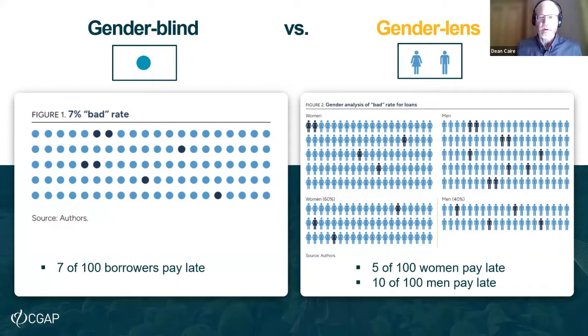And as these new 100 applicants come in, you don't know which 7 that will be. You just know on average 7 people who meet your criteria out of 100 will be late, right?